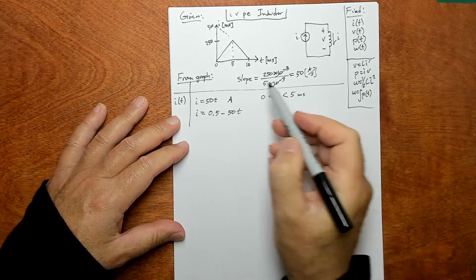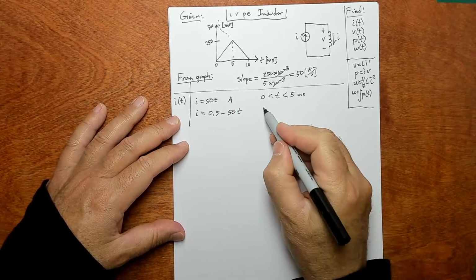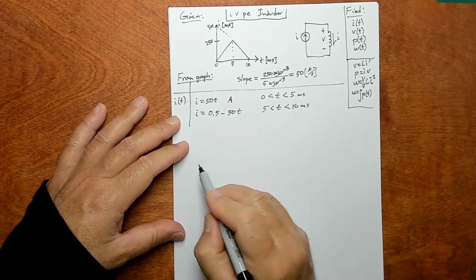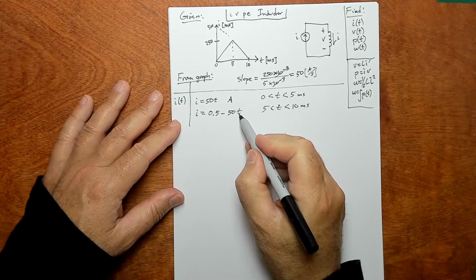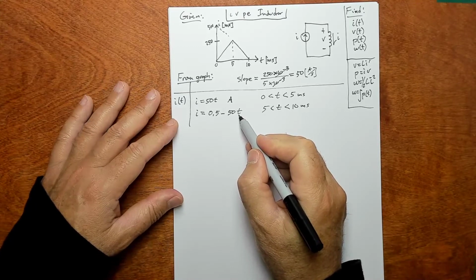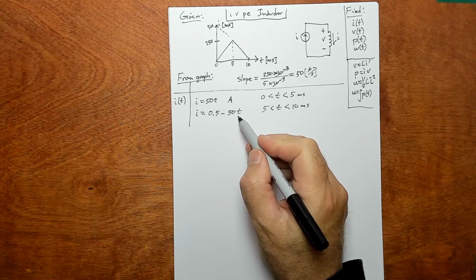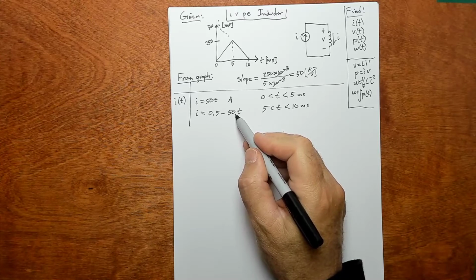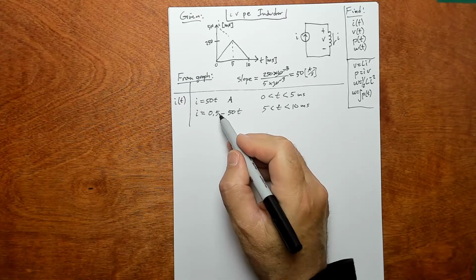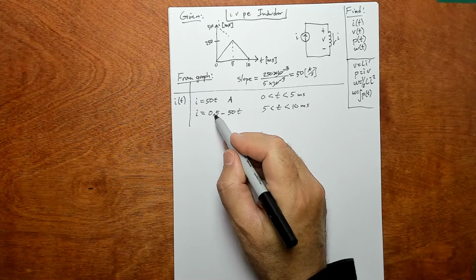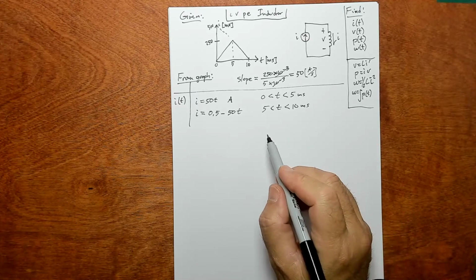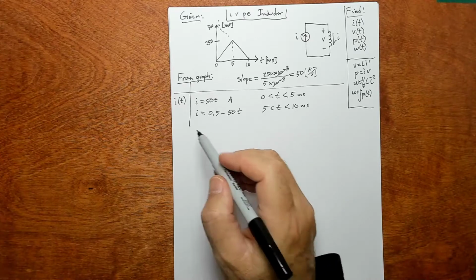This is the equation of the line for the second interval between 5 and 10 milliseconds. And then you got to stop and think, is that going to work if you put in some numbers? So if you put in time in milliseconds, I would get milliamps out of this. And this is already in milliamps, 500 milliamps. So it looks good.